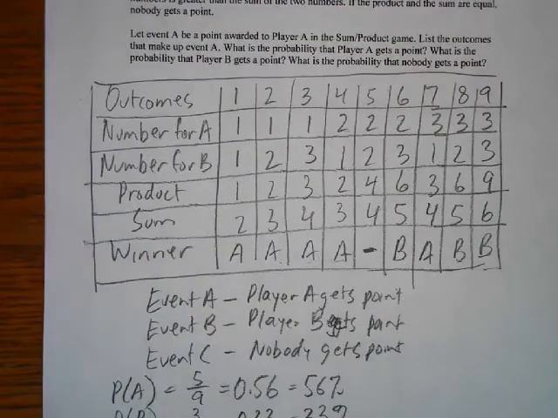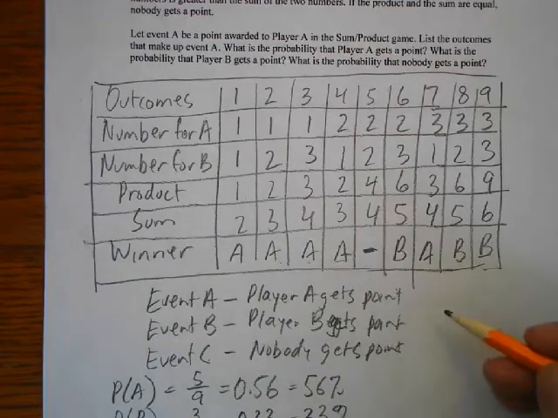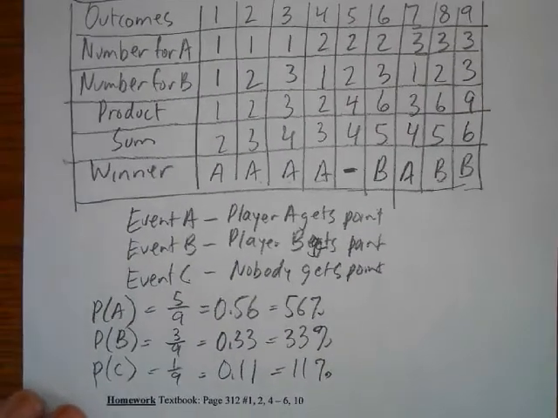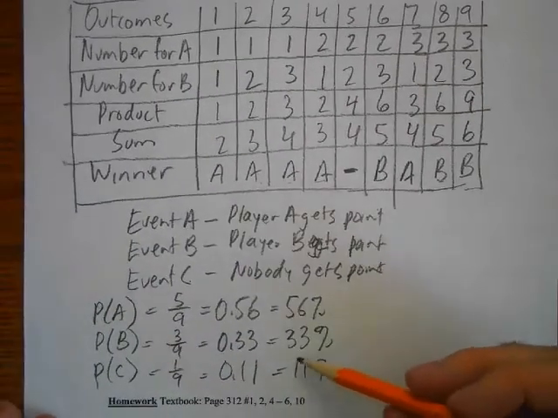Okay, I could put words around this, but the way I've defined the events and then the probability of those events happening, that's a pretty solid answer. But if you wanted to, you could put the probability of player A winning is 56%. In this case, I think this is fine. And one other thing you can do is you can add up the probabilities, and if we do, we get 100%. So that's a little safety check that we did the math correctly.